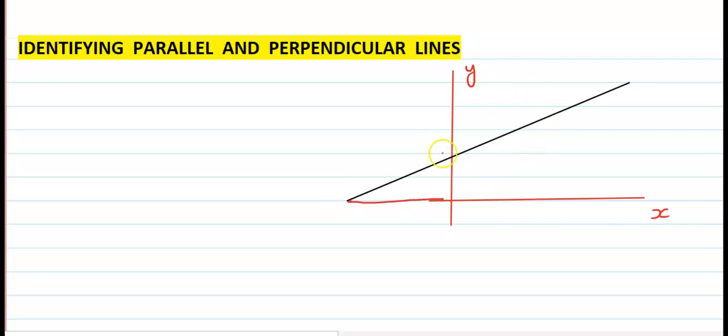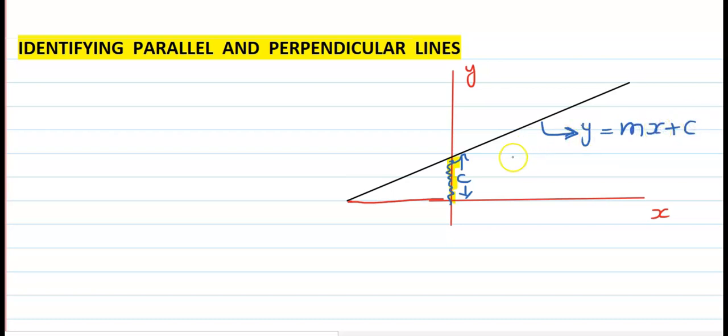This yellow color line, like this one, is called the y-intercept, that is c, and the equation of this line is given by y equal to mx plus c.